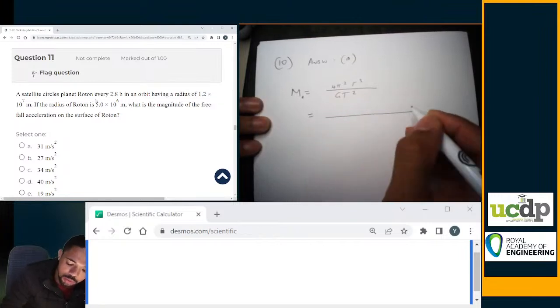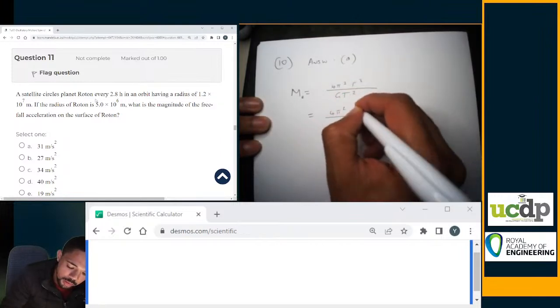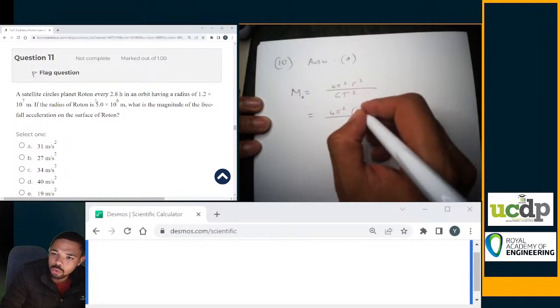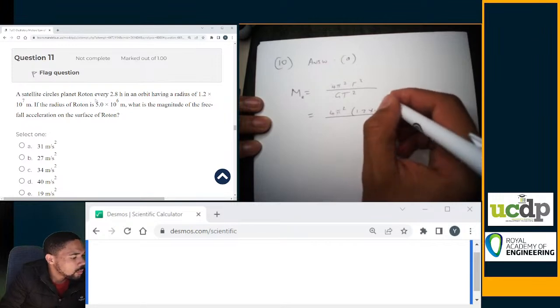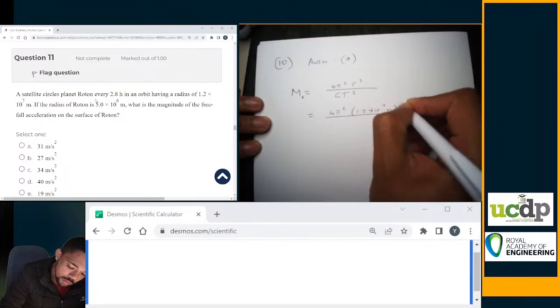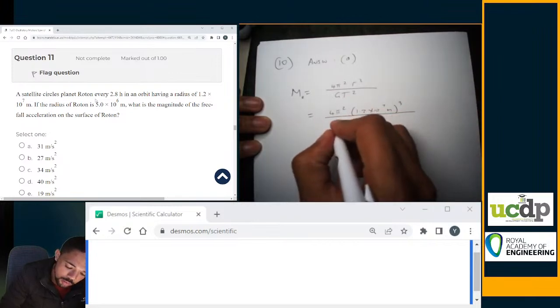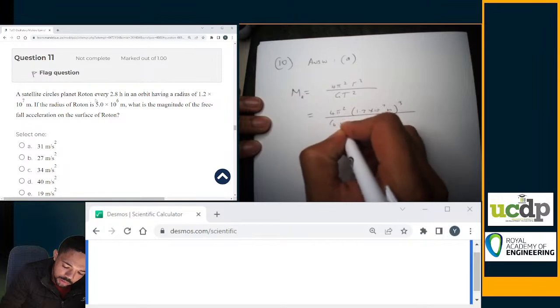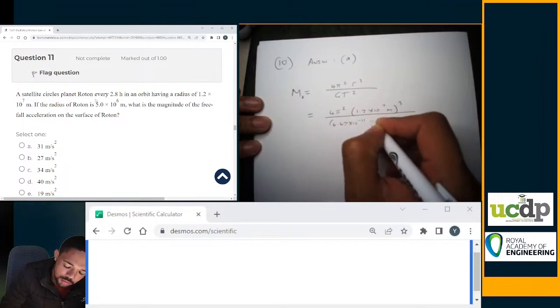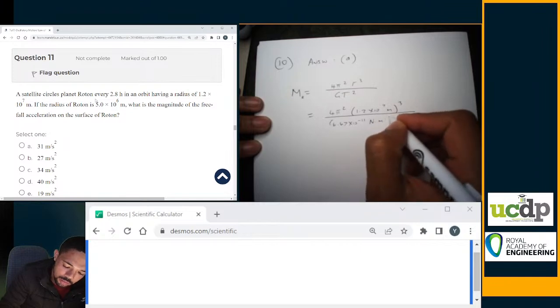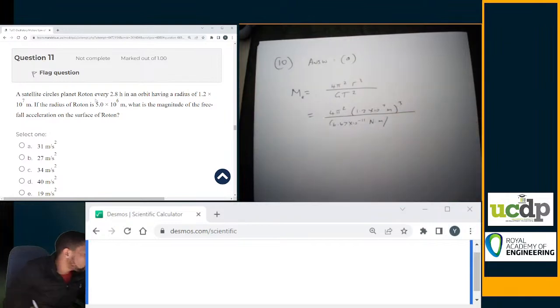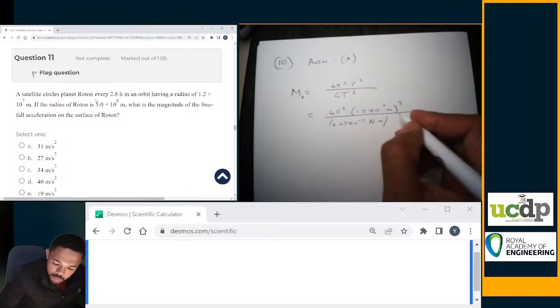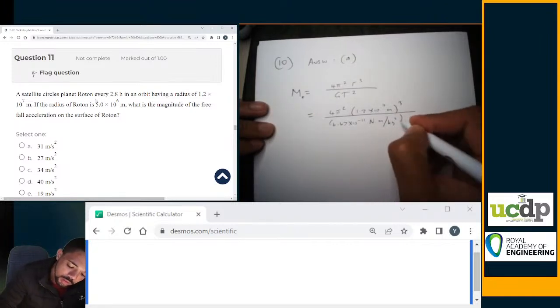So if we substitute all that we've been given, that's 4 pi squared. The radius of this orbit is 1.2 times 10 to the 7 meters cubed, over 6.67 times 10 to the negative 11 Newton meters squared per kilogram squared. We just make sure that the units are Newton meters squared per kilogram squared. So I was right the first time.